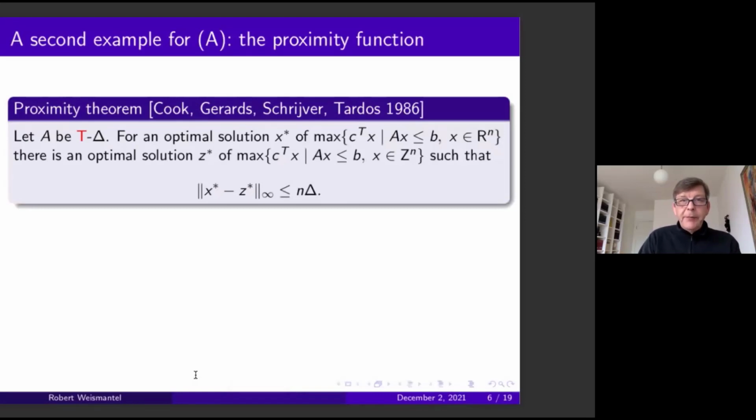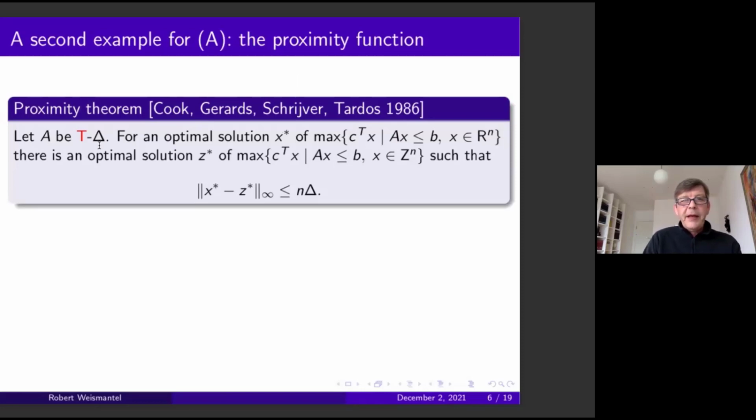But now I would like to comment on what I think is one of the key functions when we assume that delta is small, and this is the function related to proximity. The point of departure is this theorem by Cook, Gerards, Schrijver, and Tardos from 1986, which can be stated as follows.